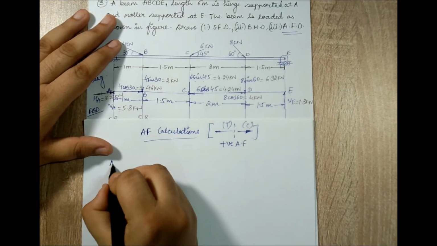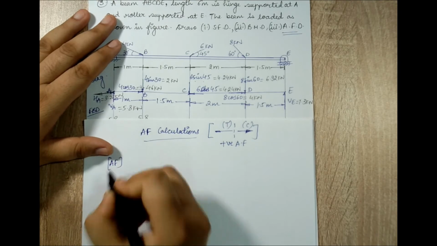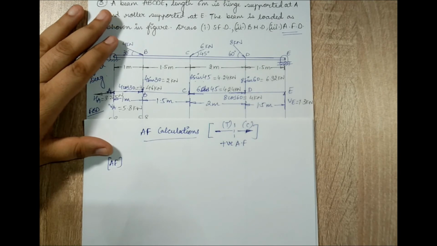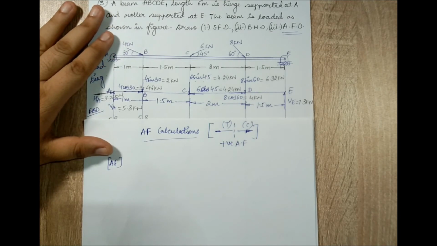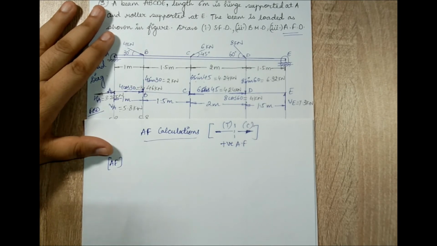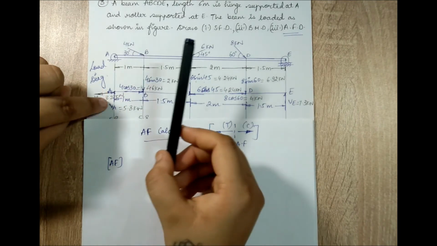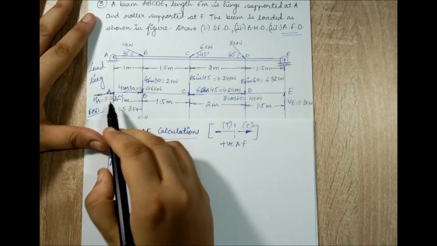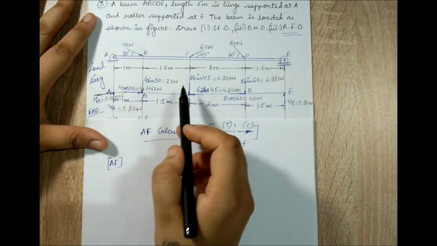Now, one thing which you need to remember is something which I have told you regarding SF and BM, that when you calculate the shear force at a particular point to the left or right, it is determined based on the presence of a shear force or a moment at that point. For example, at a point, if the shear force is present, I'll calculate twice because it would indicate that there is a change from left to right. Similarly for the moment.